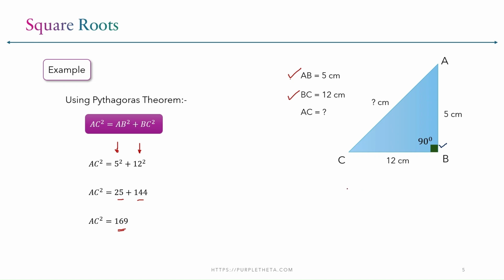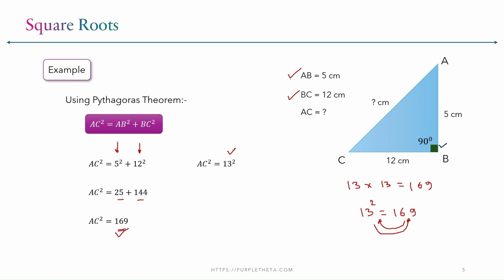And the answer is, when 13 is multiplied by 13, we get 169, or 13 multiplied by 13 is 13 square. This is equal to 169. Therefore, AC square is 13 square, because we have seen that 169 is equal to 13 square. And we have replaced 169 with 13 square.